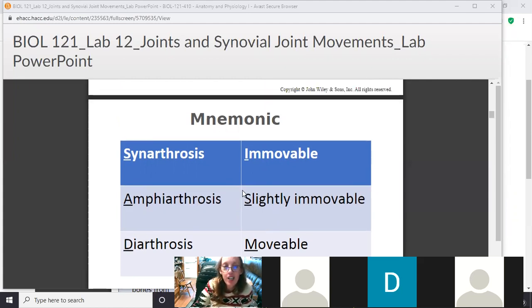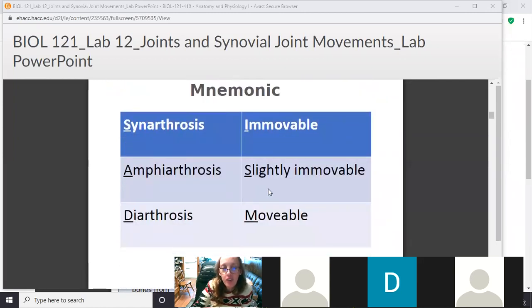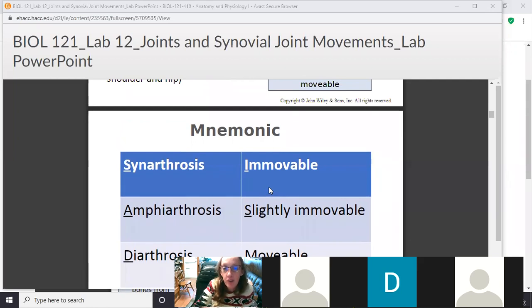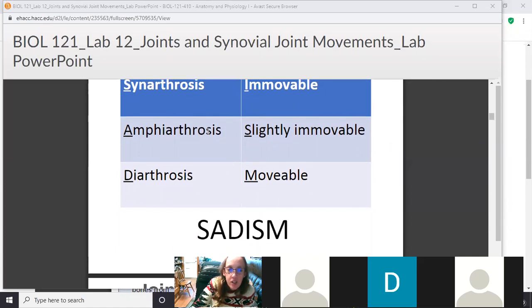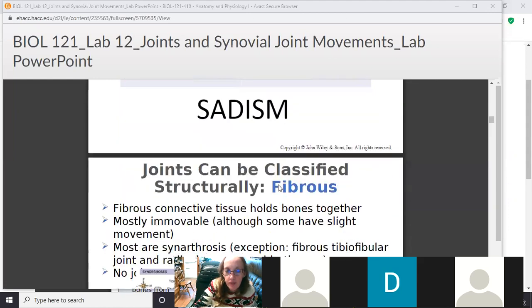When he was mentioning that, I thought, not me. But he did mention that in normal, healthy adults, they're not supposed to move like that. So synarthrosis, amphiarthrosis, diarthrosis: immovable, slightly movable, freely movable. It's a good way to remember it.